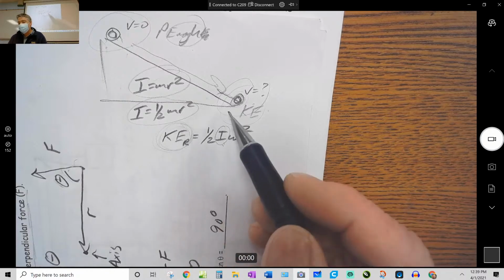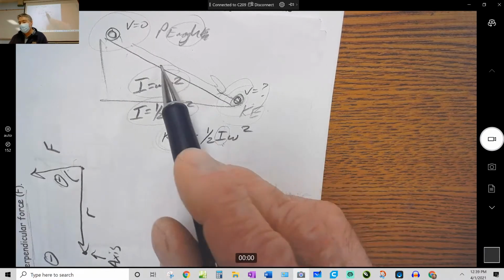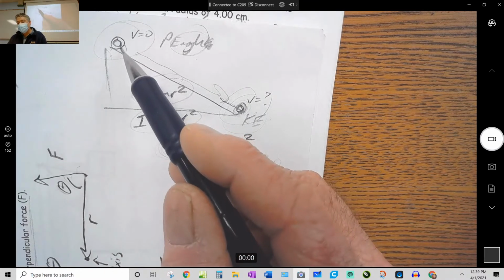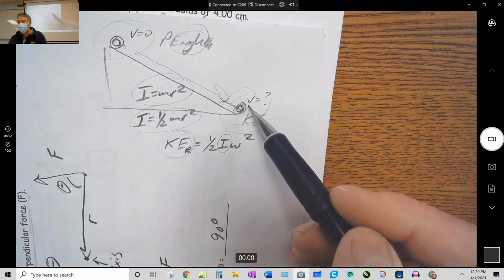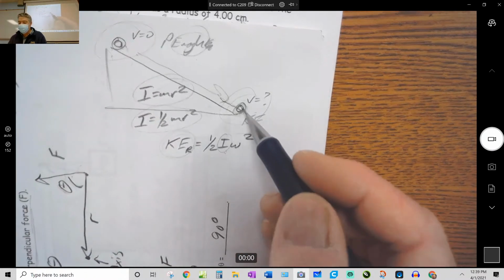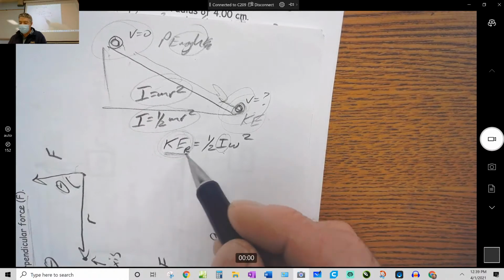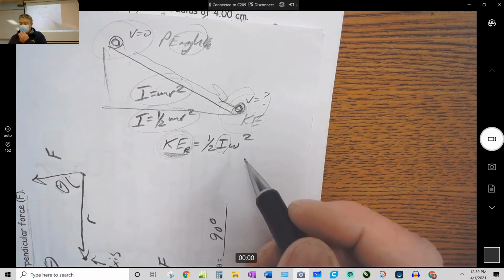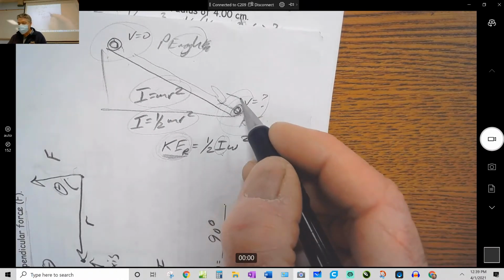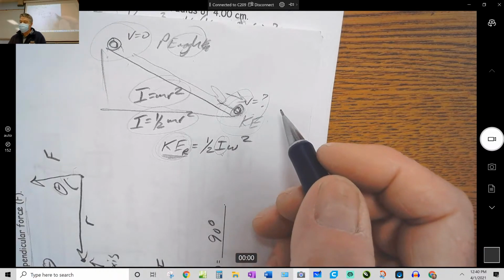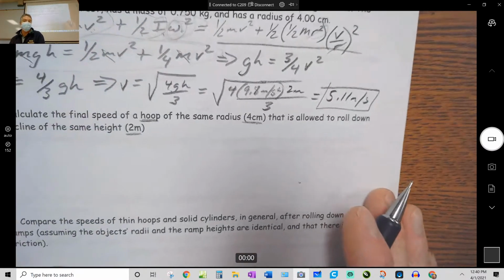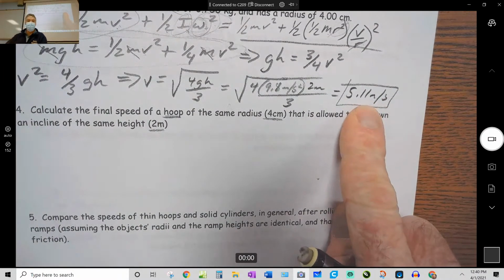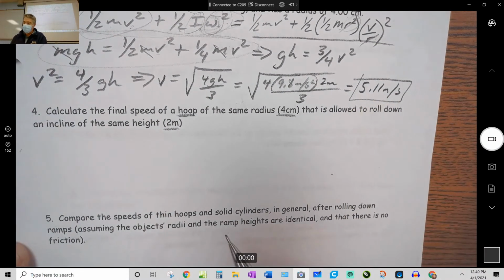So basically, the higher the moment of inertia, first of all, the more resistance this is going to have to beginning to rotate, so the slower it's going to move. But also, once it gets to the bottom, the more energy is going to be in rotational kinetic energy, so the less energy is going to be in translational kinetic energy. So the quick answer is higher moment of inertia, it should roll more slowly. We should get a smaller velocity when we get to the end.